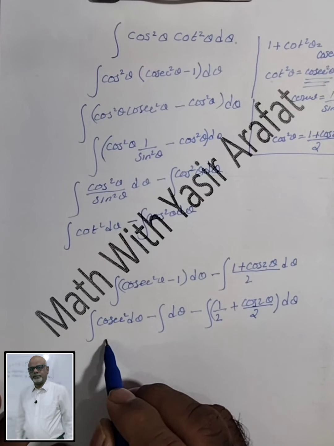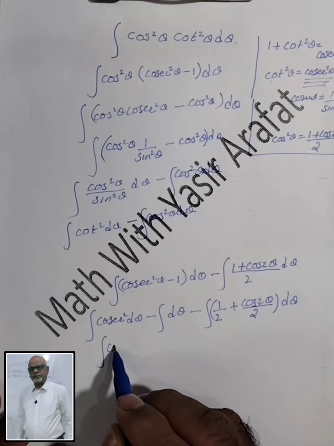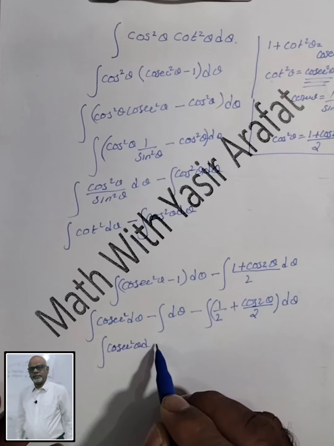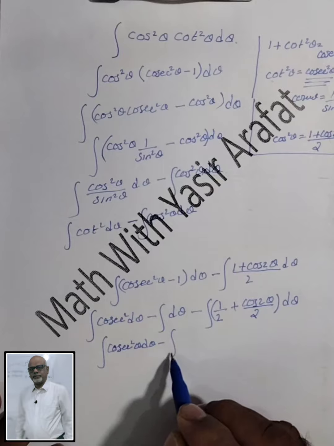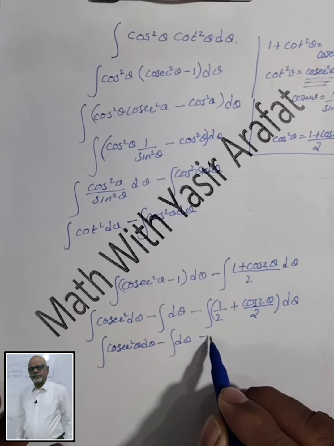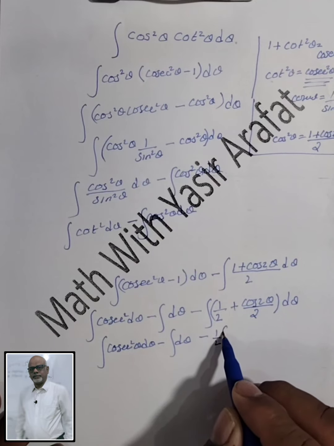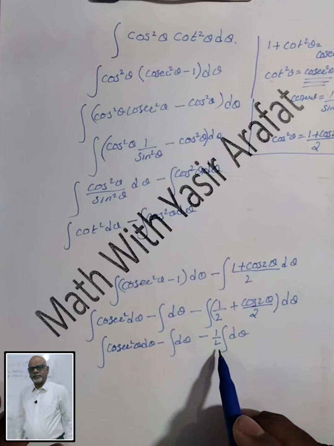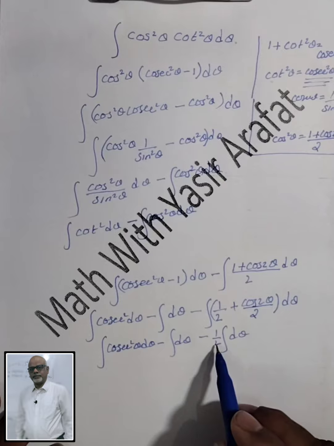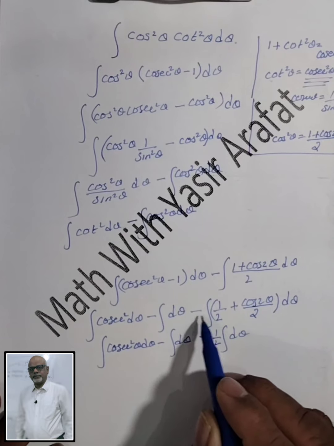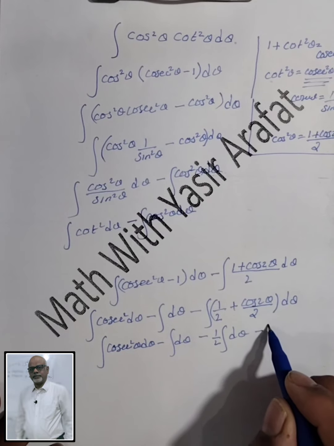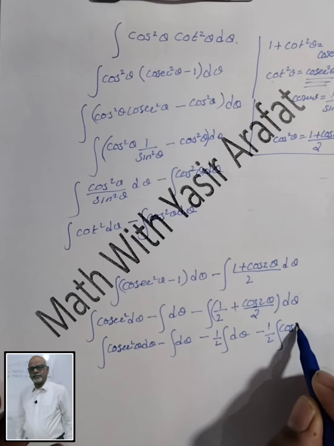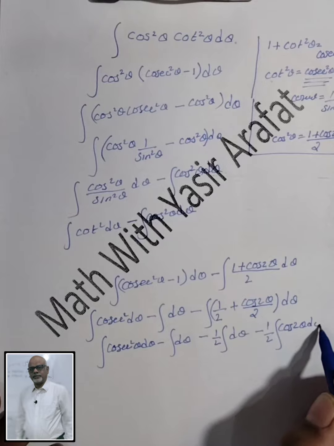So here, cosec square theta d theta minus d theta minus 1 upon 2 d theta. We take 1 upon 2 outside the integration, and this is minus 1 upon 2 and then cos 2 theta d theta.